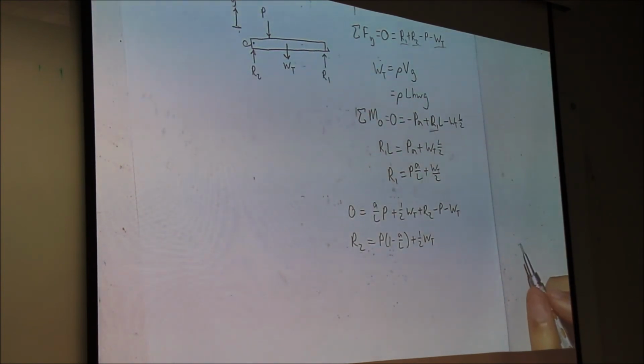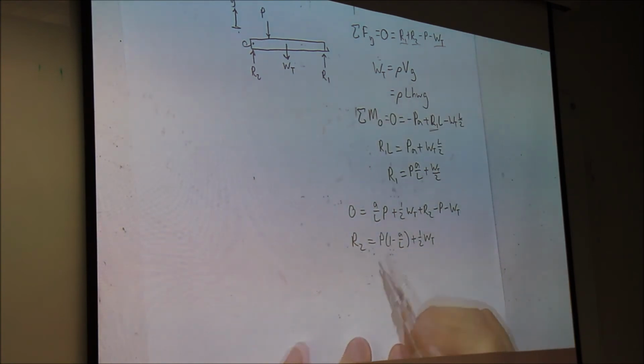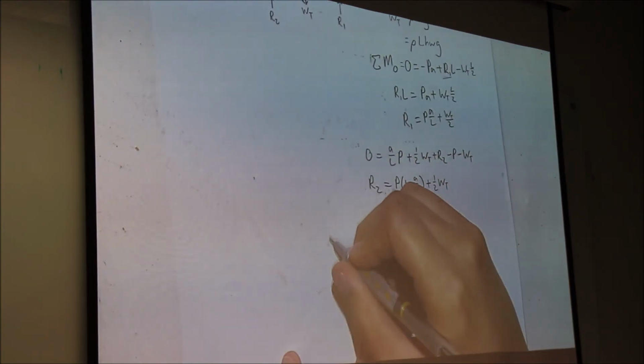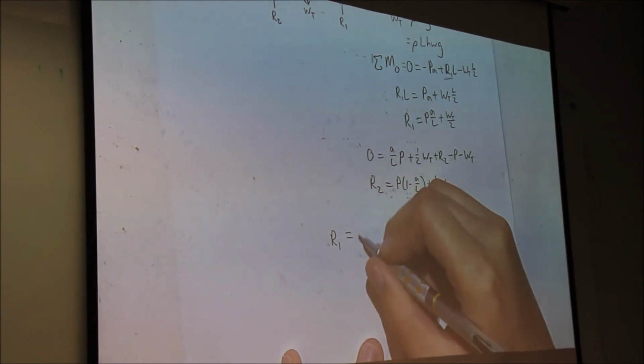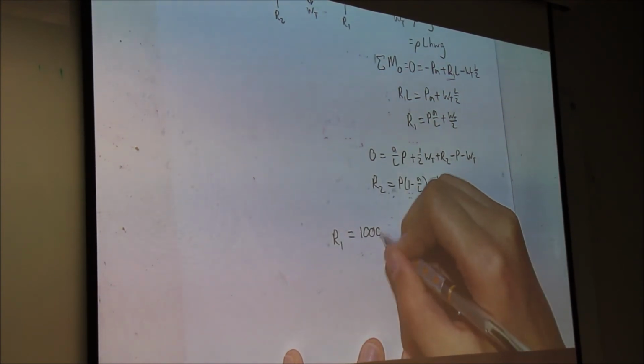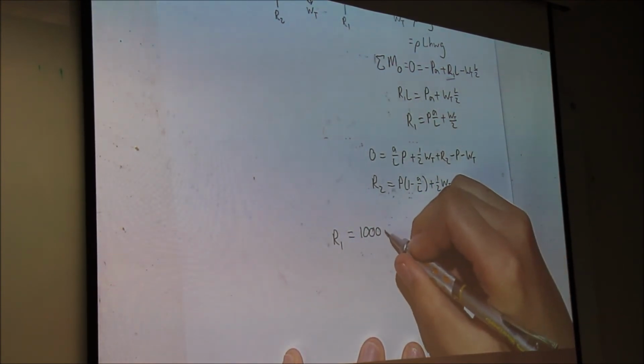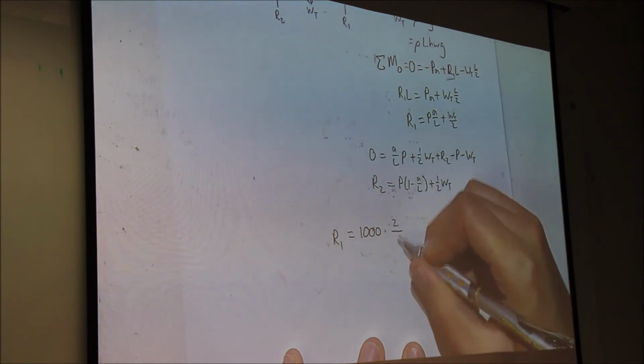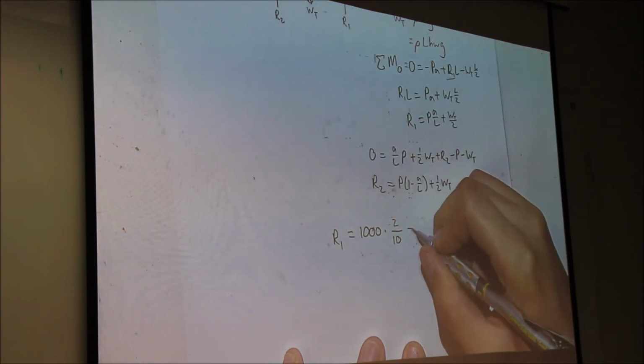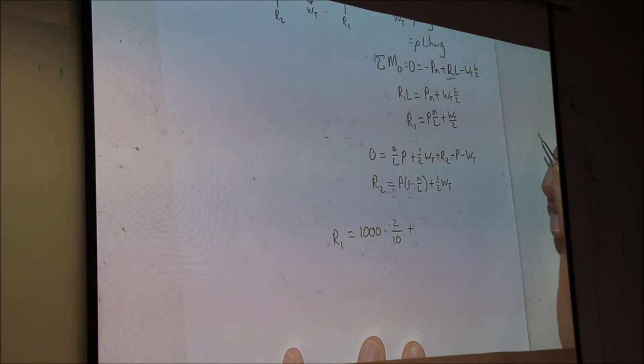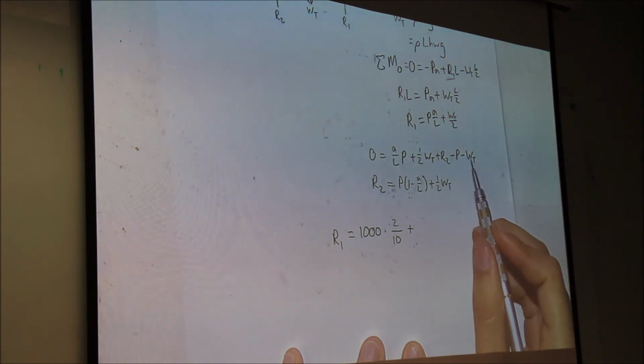And let's figure out what these things actually are. So R1 is going to be equal to 1,000 newtons times 2 meters over 10 meters plus 1/2 weight total.